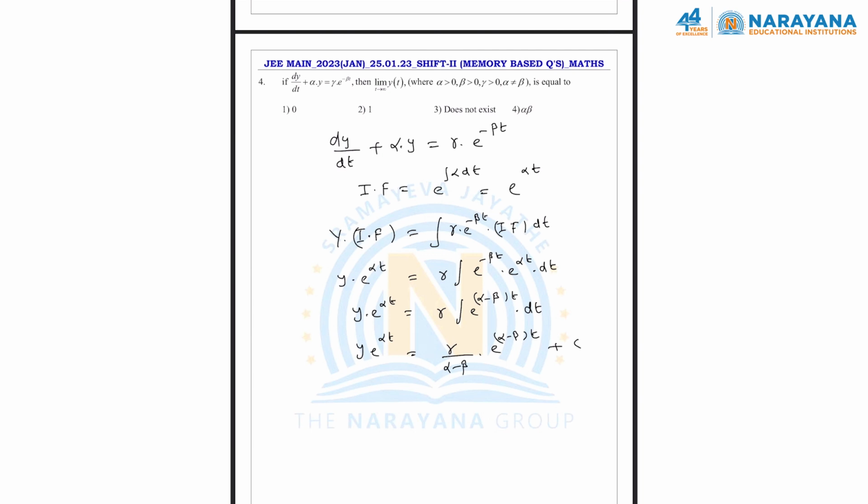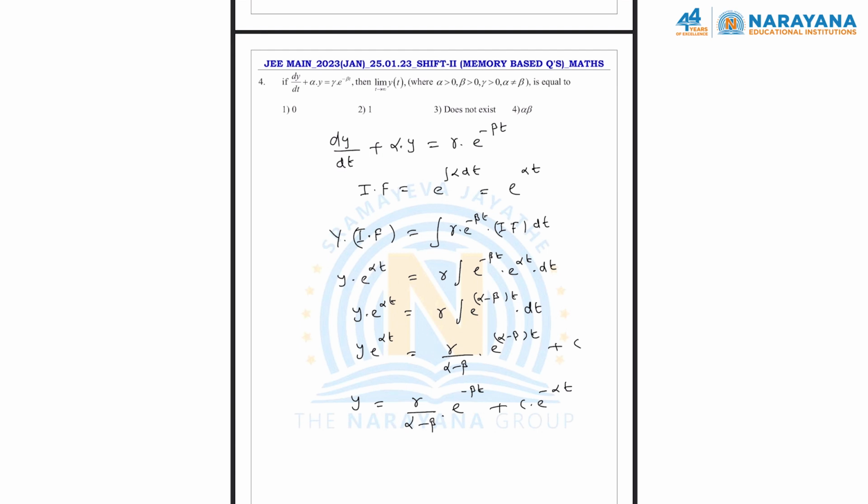So y = γ/(α−β) times e^(−βt) + c·e^(−αt), since we are multiplying by e^(−αt) on both sides.